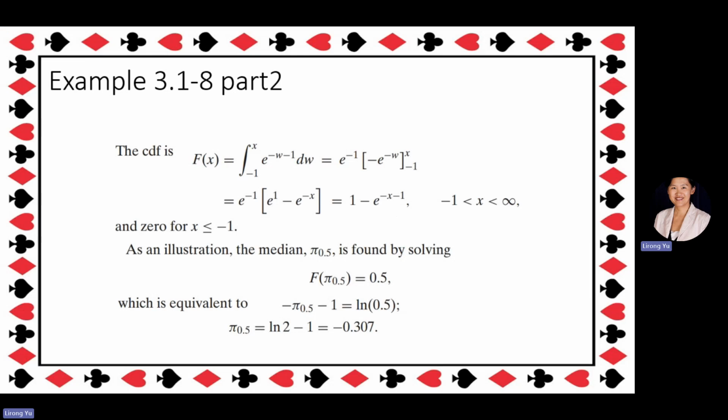The lower bound is the natural boundary of -1, and the upper bound is x. You integrate the density function. Then the antiderivative involves bringing the e to the -1 to the outside, and integrating e to the negative w gives negative e to the negative w. Then the CDF can be determined once the integration is clear. Any question?